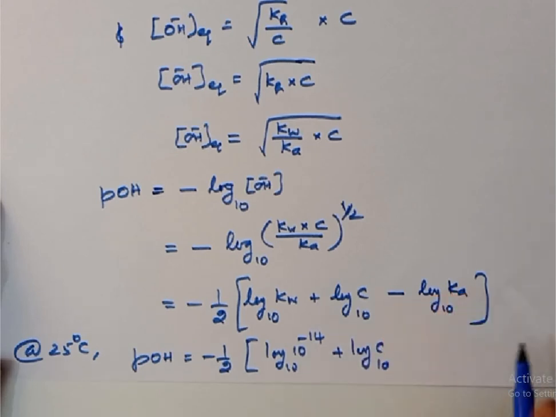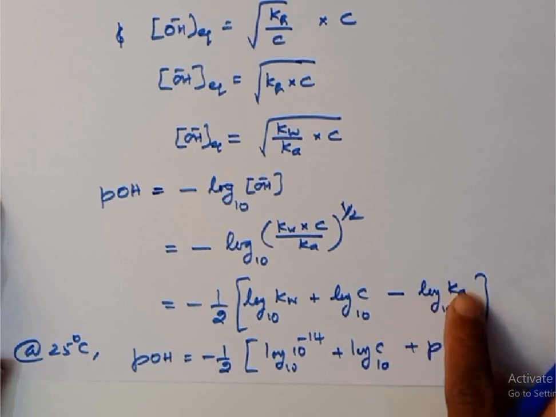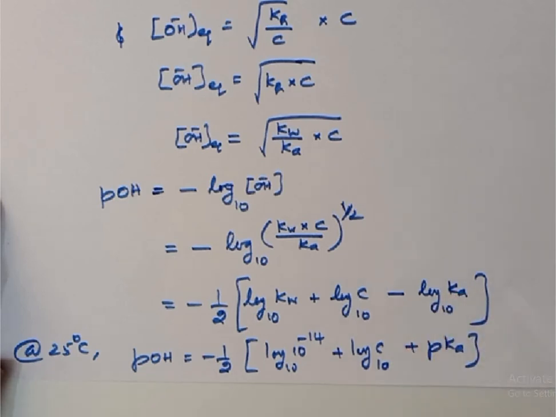Negative logarithm of Ka is nothing but pKa. Bring this minus 14 in front: log 10 base 10 value is 1, therefore you get minus 14 here. And if I multiply by minus 1 by 2, minus 14 into minus 1 by 2, I'll get 7.